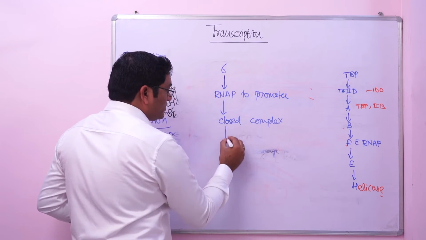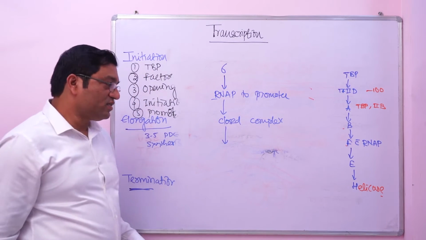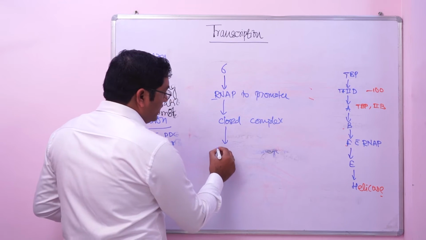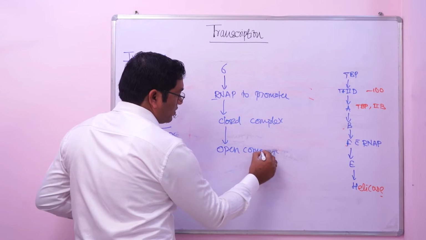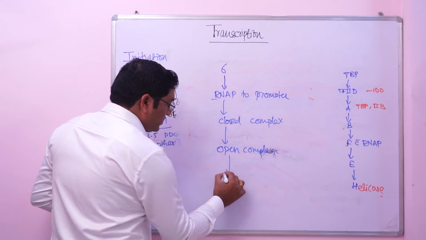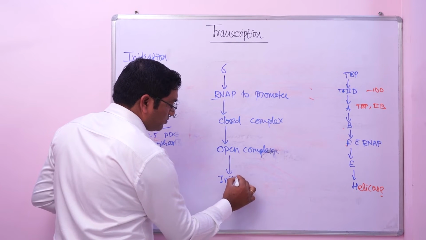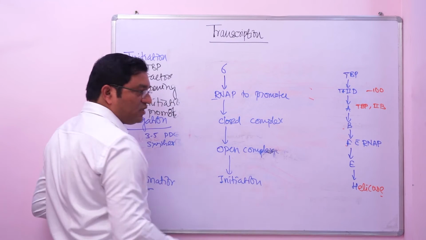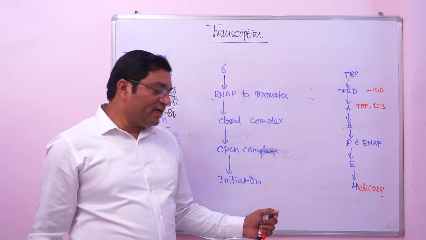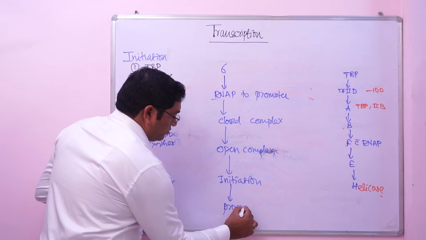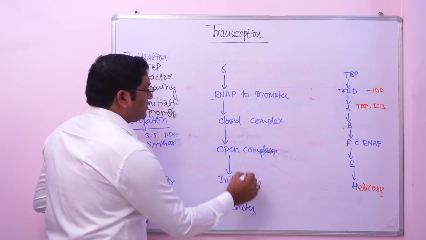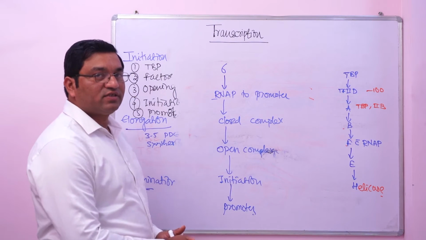Now opening of the strand occurs with the help of RNA polymerase, and open complex formation will occur. Then initiation of chain synthesis. Initial 10 to 20 nucleotides are added, and then promoter clearance will occur.